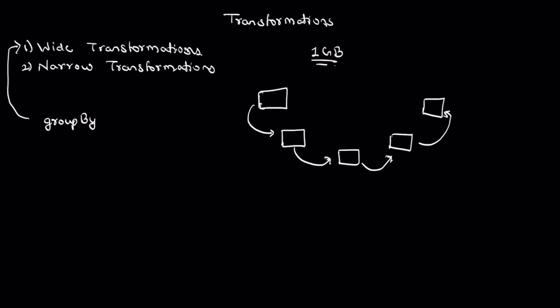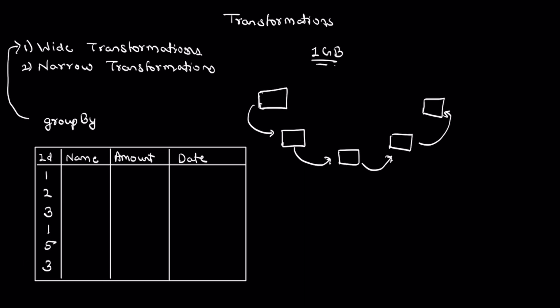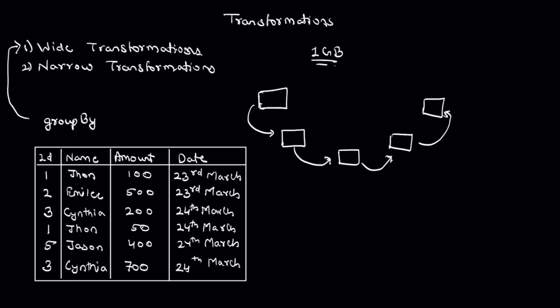Let's understand it with the help of an example. Let's assume we have a CSV file for the sales data. For example, I have taken this table as small, but let's assume that this table is very big and it is scattered across different worker nodes.